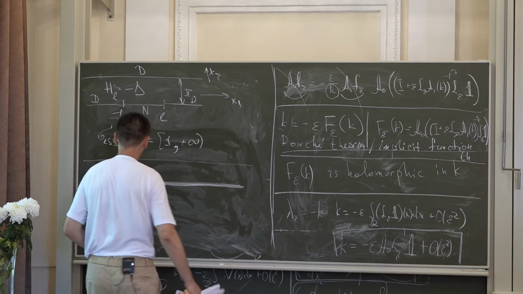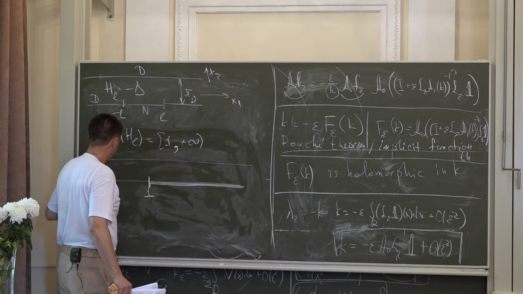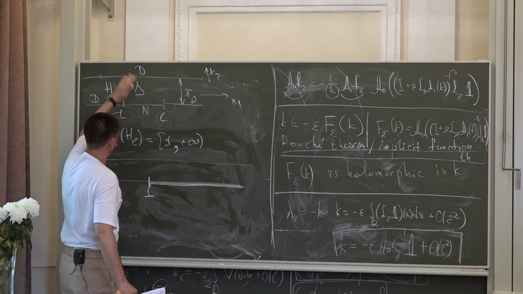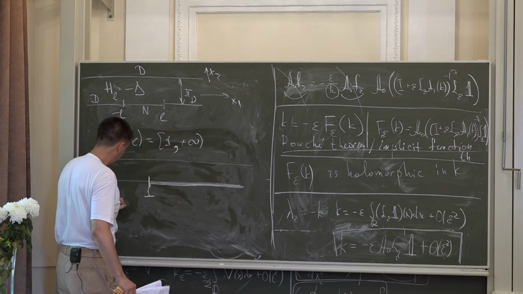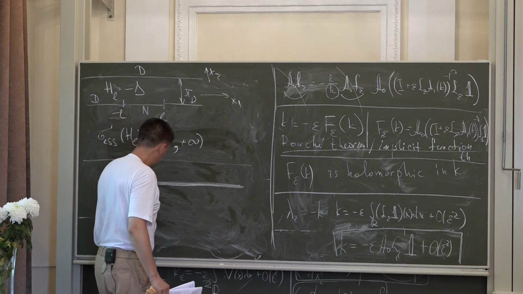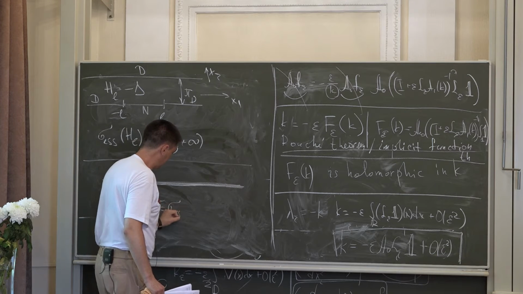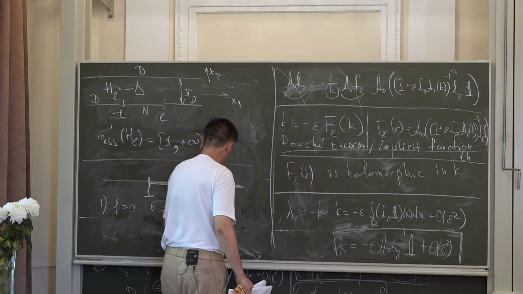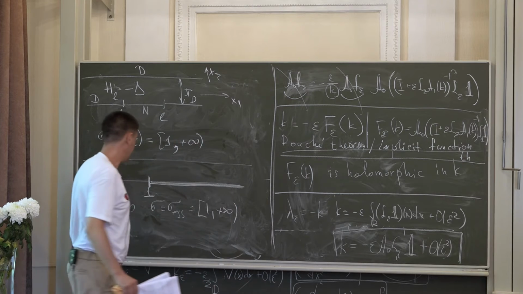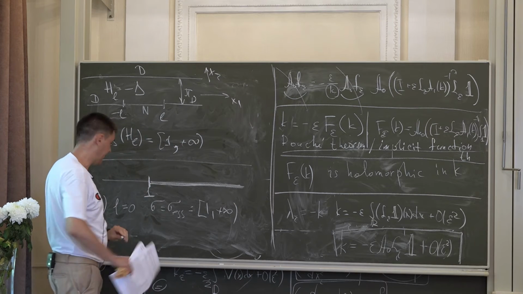If there is no Neumann window, when L is 0, then the spectrum is just the essential spectrum, this half line, and there is nothing else.